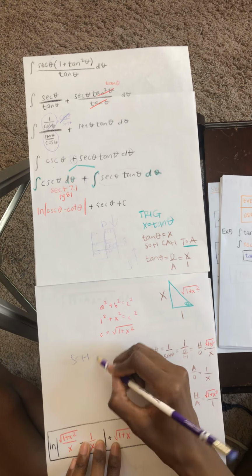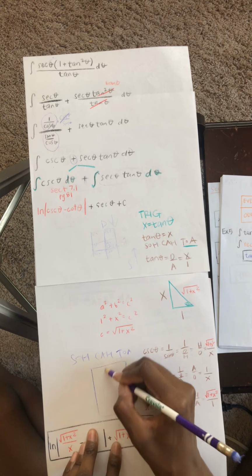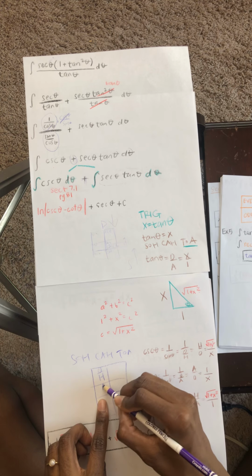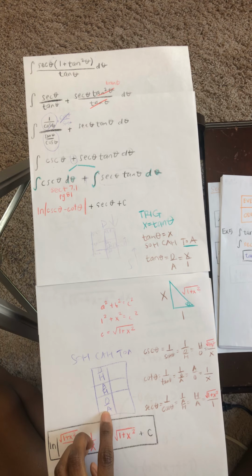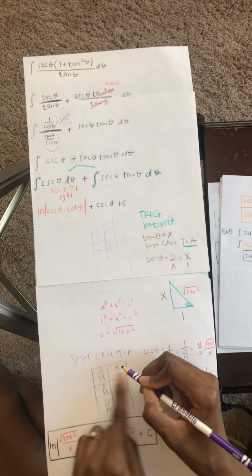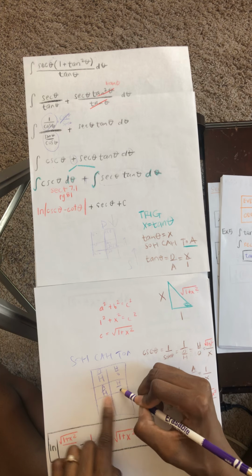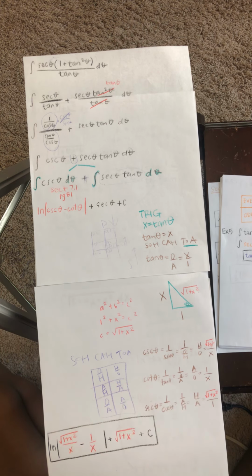So if we're looking at SOHCAHTOA, I'm actually going to go ahead and draw it in this box. This would be easier. So sine is O over H, cosine is A over H, and tangent is O over A. So essentially, you just have the reciprocal straight across. If this is O over H, this is H over O. If this is A over H, this is H over A. And if this is O over A, this is A over O.